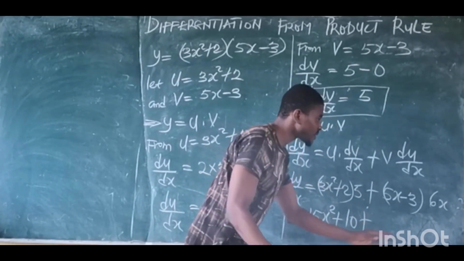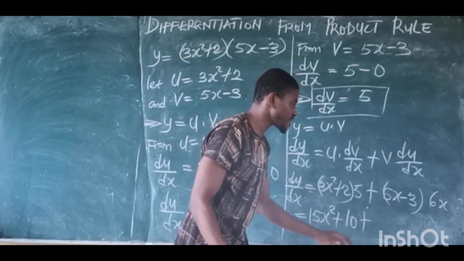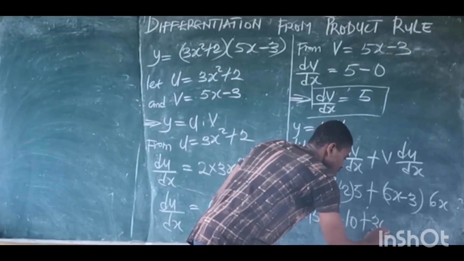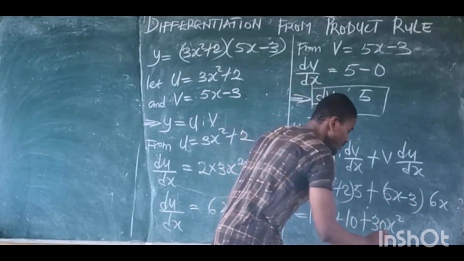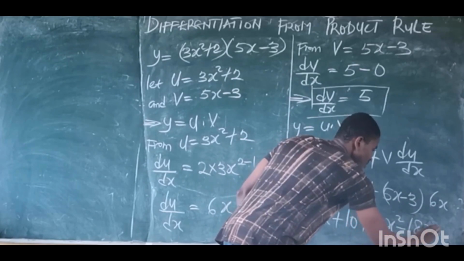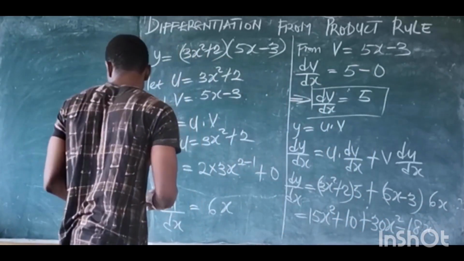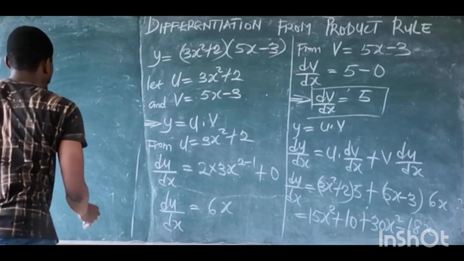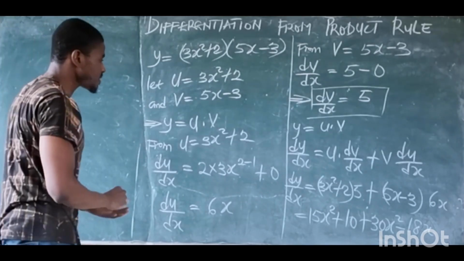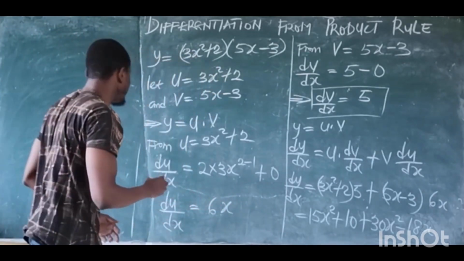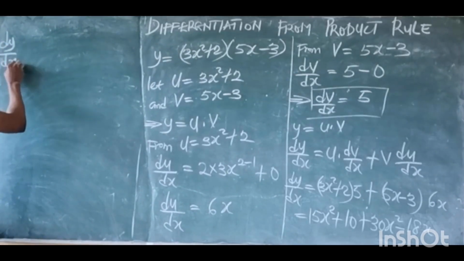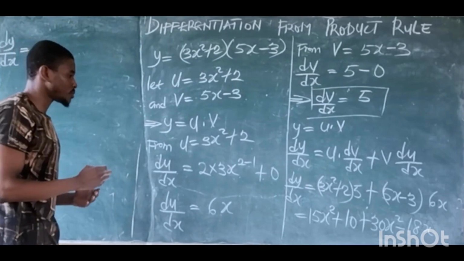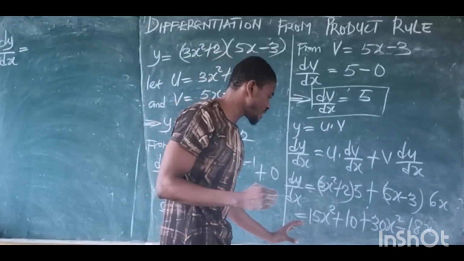Plus 6x times 5x simply gives us 30x squared. 6x times minus 3 gives us minus 18x. So we can simply say that dy/dx is now equal to, okay, so we can now collect like terms.